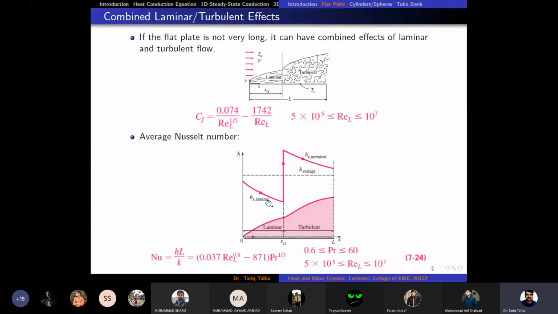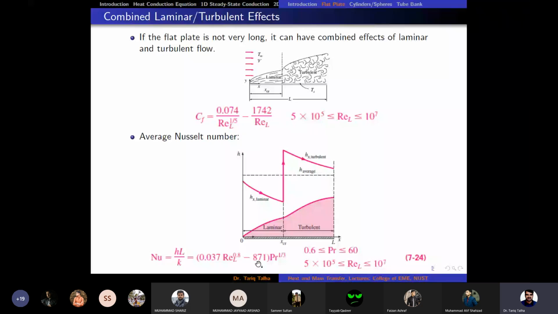Heat transfer is the analogy of that mass transfer. So for the turbulent case, the heat transfer increases rapidly, which is shown by the increase in h value as the flow moves from laminar to turbulent region, right?